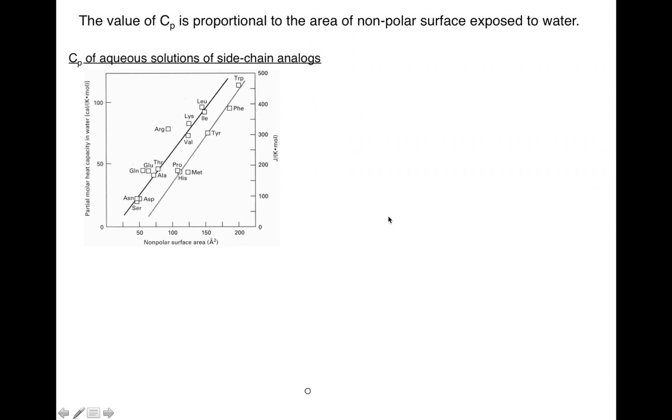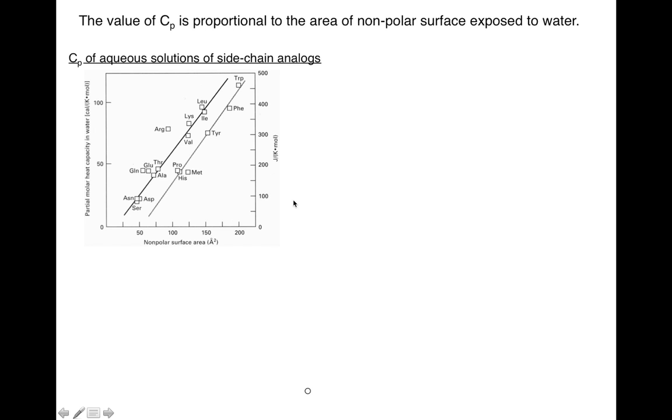Now it turns out that if you plot the heat capacity of these solutions of amino acids, and we know their structure, so we can compute their surface areas, which we talked about in class, then there's a pretty strong correlation between the nonpolar surface area of the amino acid and the heat capacity.